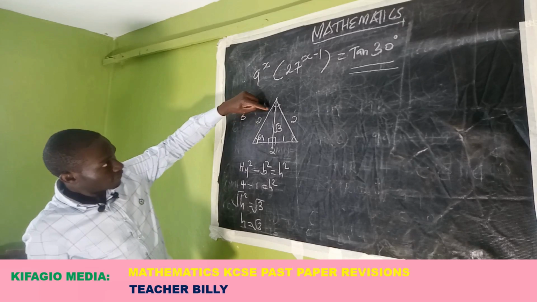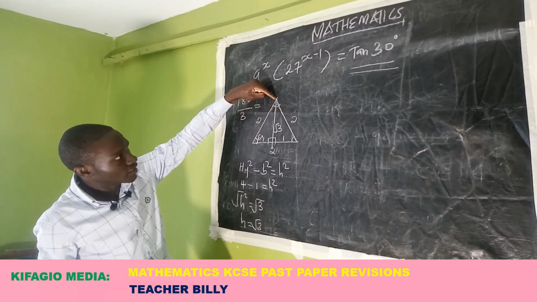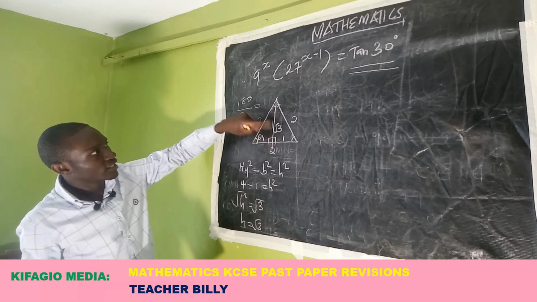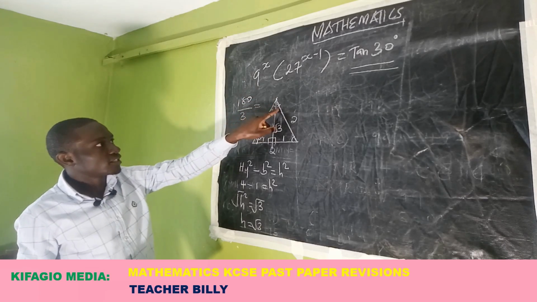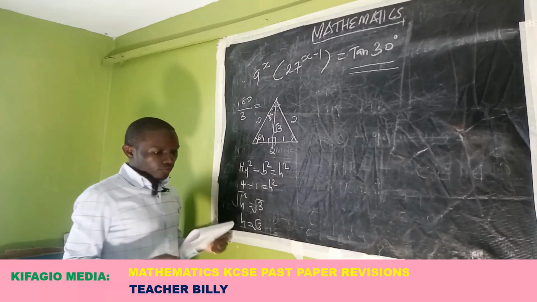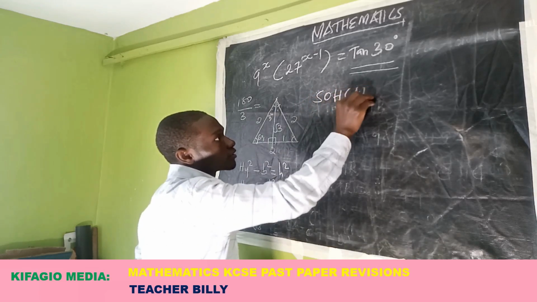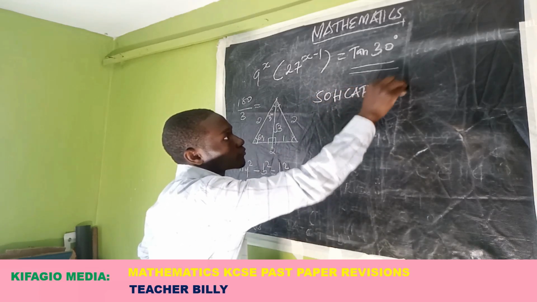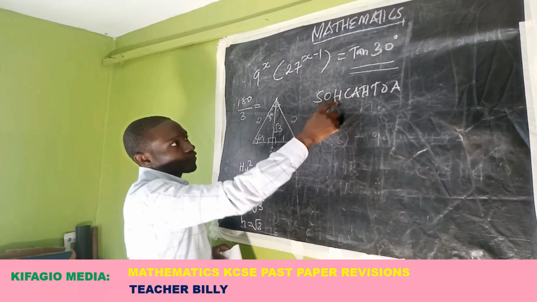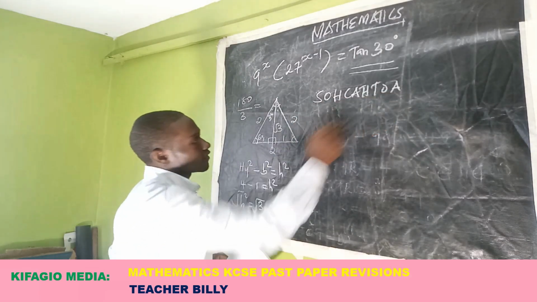Then class, if the whole of this angle here was 60, then I've dropped a perpendicular bisector, then this angle here will be 30 and this one will also be 30. So remember SOHCAHTOA: sine is opposite over hypotenuse, cos is adjacent over hypotenuse, and tan is opposite over adjacent.